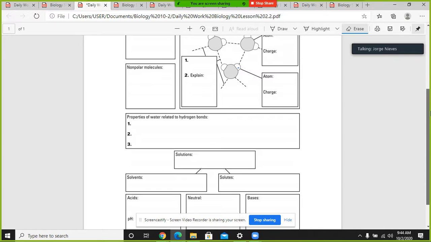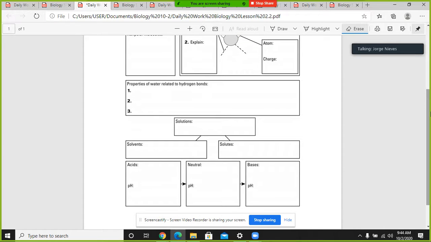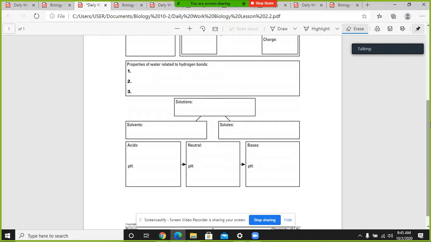Thank you, Adriana. So we also talk about solvents. Solvent is the substance present in greatest concentration. The solvent is what dissolves the solutes, or other substances. We also said in class that the universal solvent is, who can tell me? What is the universal solvent in life or on Earth?